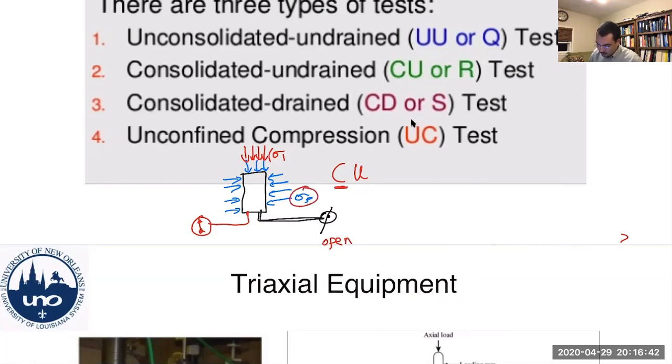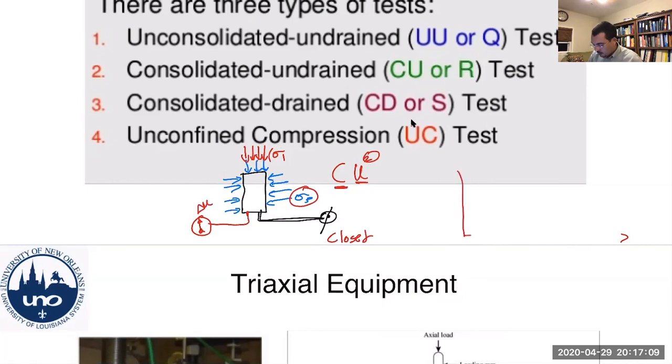And once you finish applying the consolidation pressures, what you would do is close this valve in phase 2. So it's undrained. And so you will have pore pressures develop, and you will have pore water pressure measurements here.